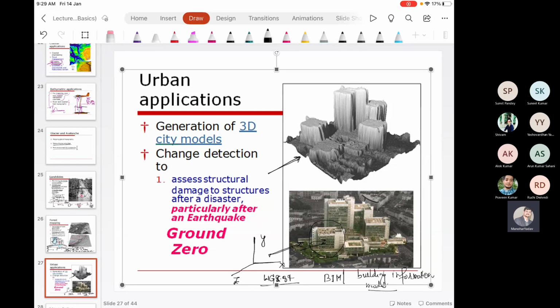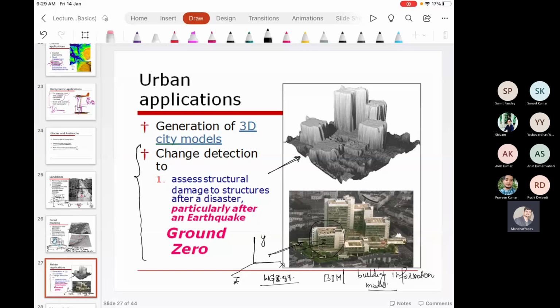Now, the LiDAR can be further used for change detection, like in case of any calamities or structural damage after any type of disaster, let's say an earthquake.